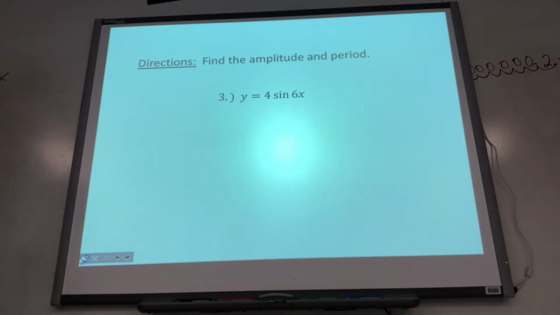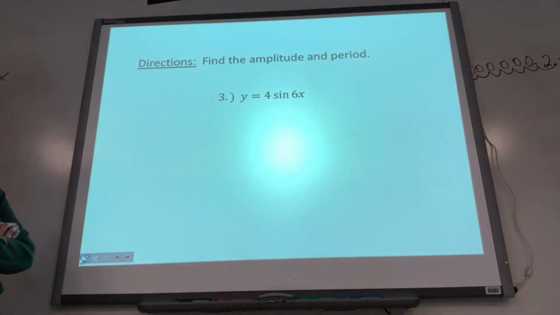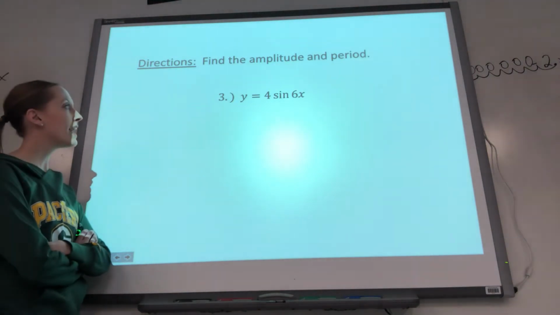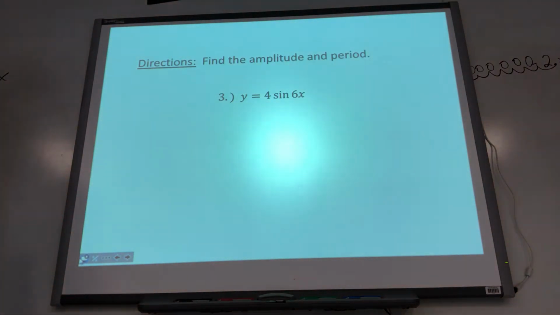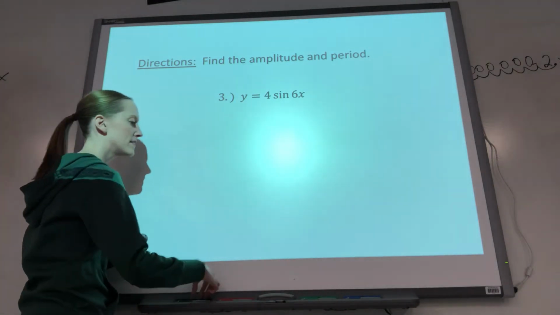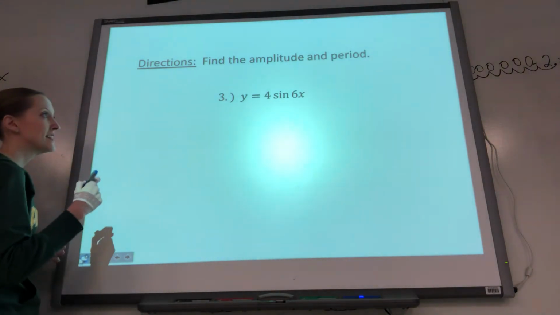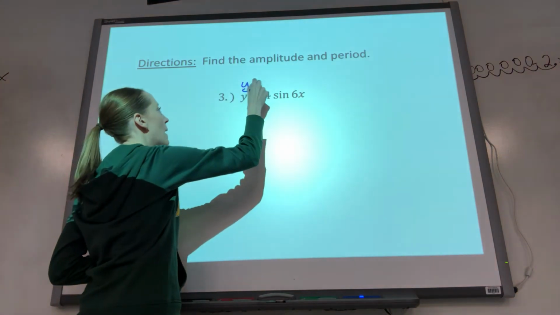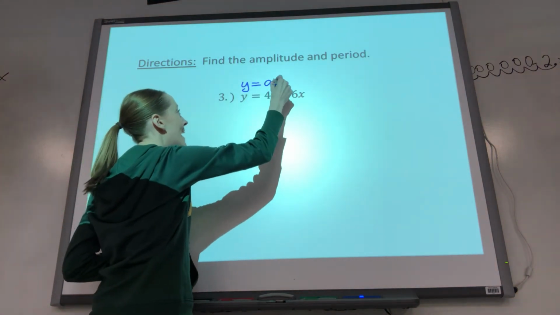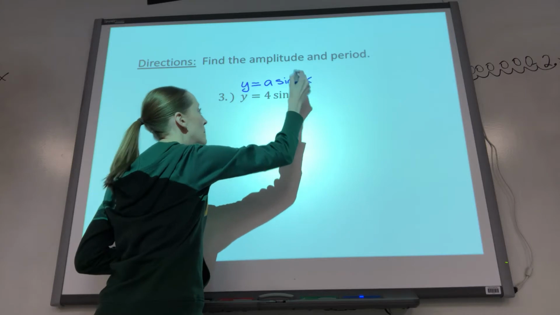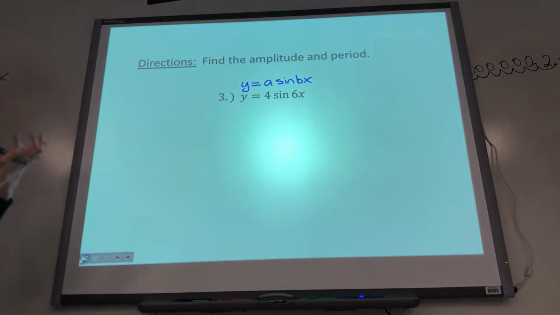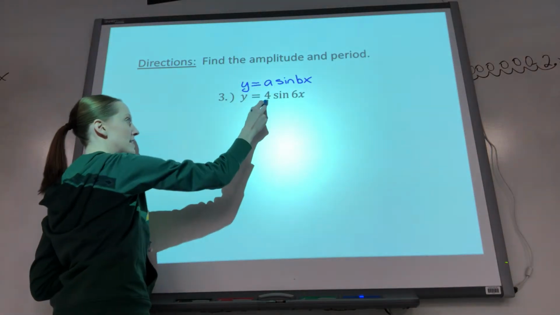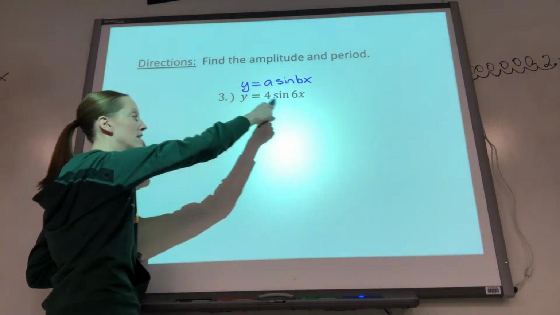Number 3, this is our third example here, but first one of these. Y equals 4 sine of 6x. Now, it might be helpful to kind of match this up to where it said A sine of bx. That was just kind of the general format of these trig functions. A is the number in front, so that would be 4.